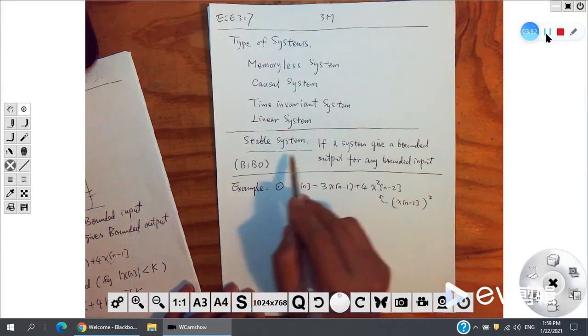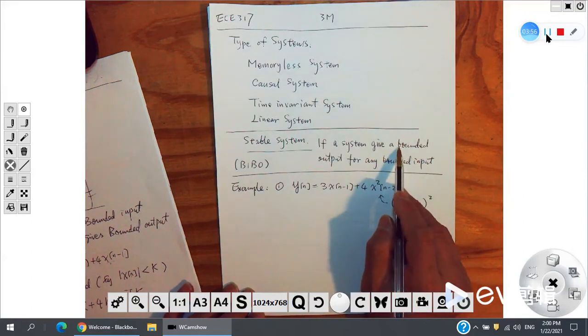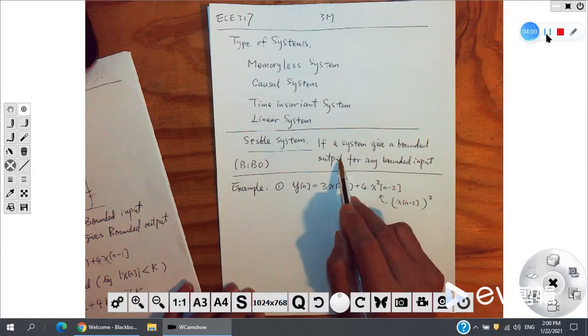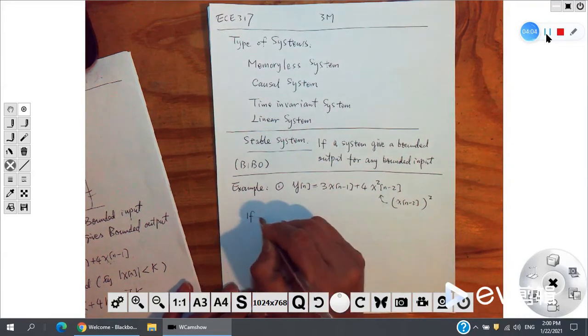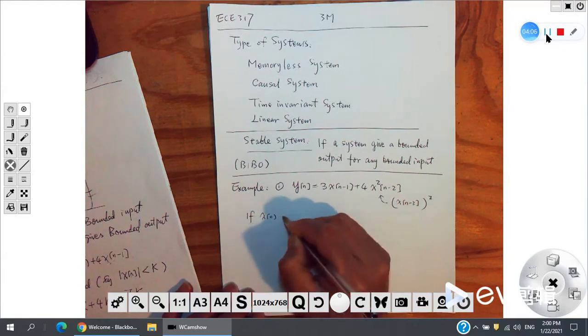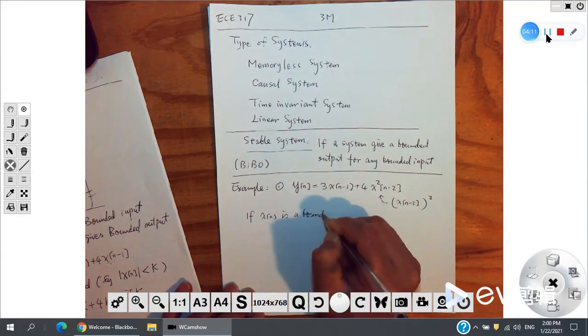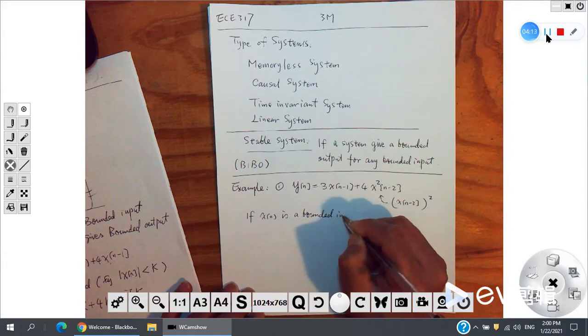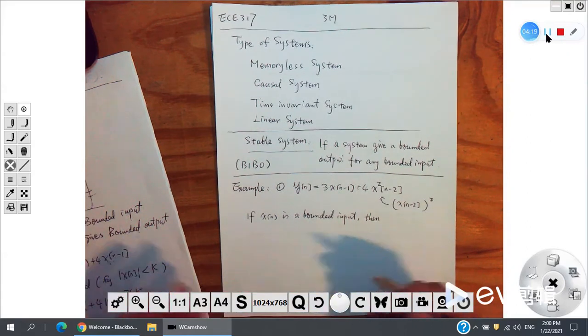Depending on the definition, for any bounded input, we want the output to be bounded. So here we can work like this. If x of n is a bounded signal, a bounded input, what is the meaning of bounded?